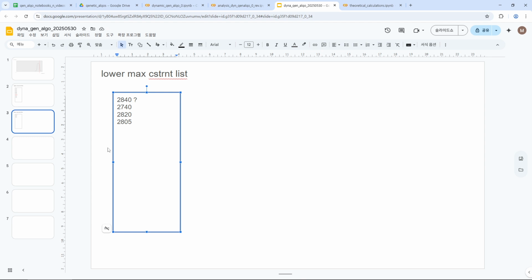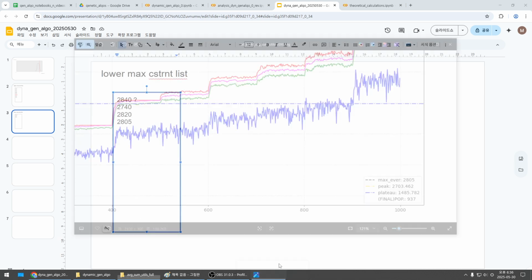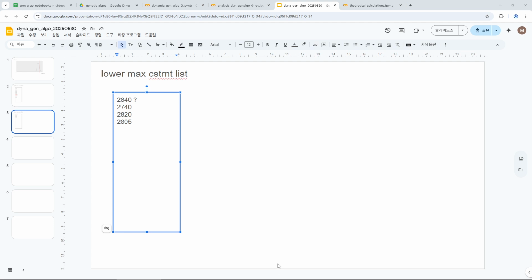In this very next one, 1200 generations and still a population of 1000.